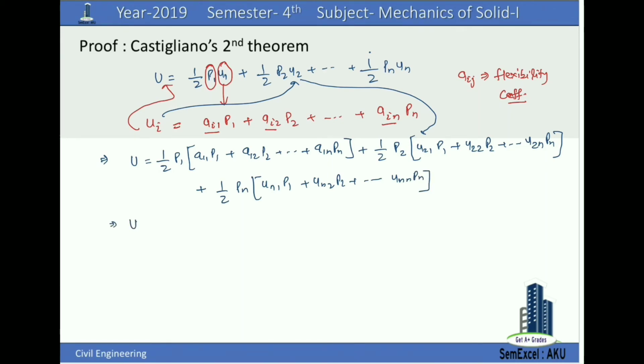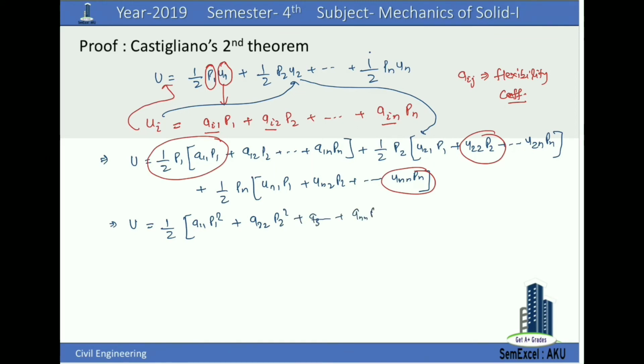Now we rearrange the terms and we will get U is equal to half of a11 P1 square, this term plus this term plus this term, right, plus a22 P2 square plus a33.